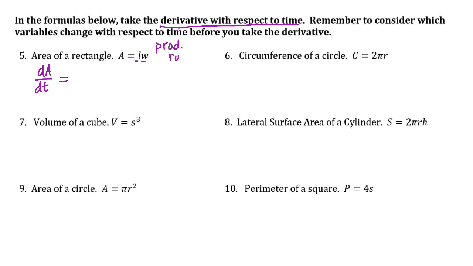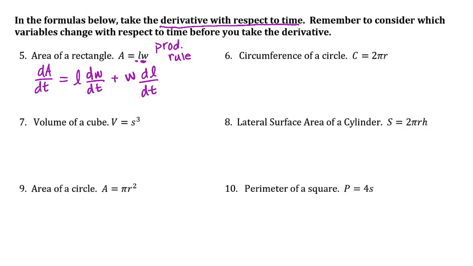We have the first times the derivative of the second, the derivative of W, which is dW dt, plus the second times the derivative of the first, dL dt. Now we've found the derivative of that formula.